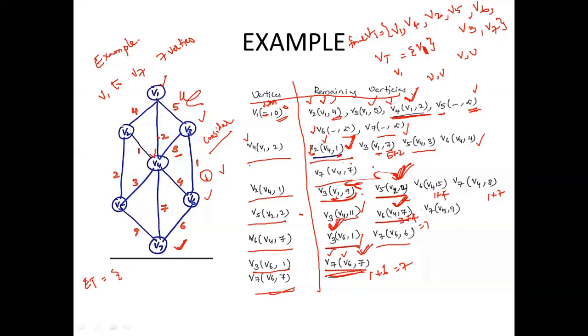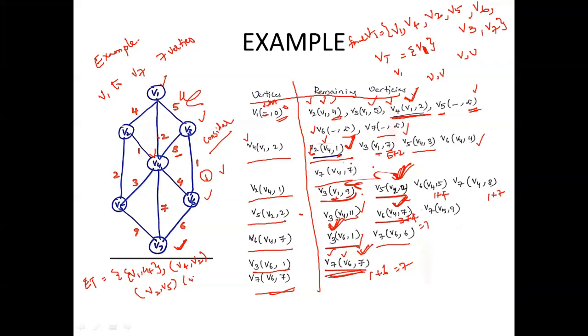Here we have an edge V1 to V4. V1 to V4 is one edge we consider. And then we have another, V4 to V2 or V2 to V4. You can take anything because this is an undirected graph. And then we have V2 to V5. This is also one edge we consider.